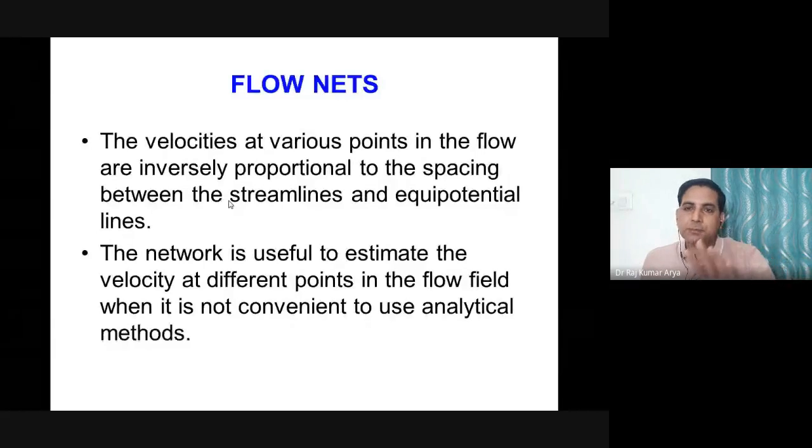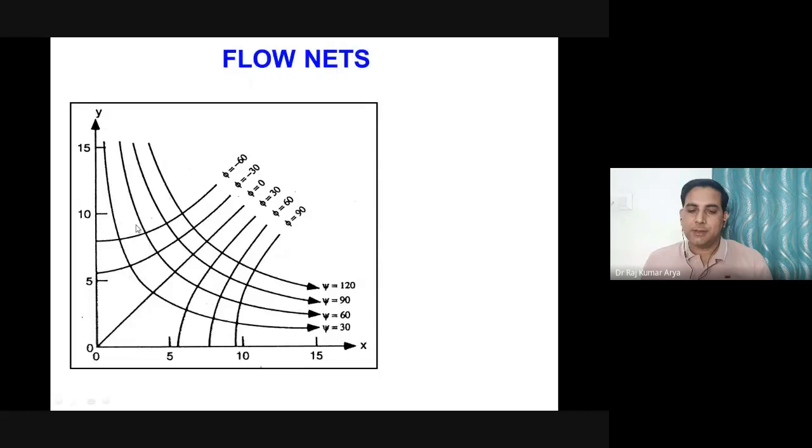Just give me 2 minutes to explain this slide. Velocities at various points in the flow are inversely proportional to the spacing between the streamlines and equipotential lines. What does it mean actually? Let's see from the previous graph. You have the streamlines here, coming from these two lines.